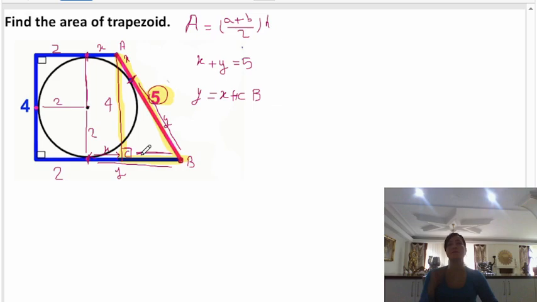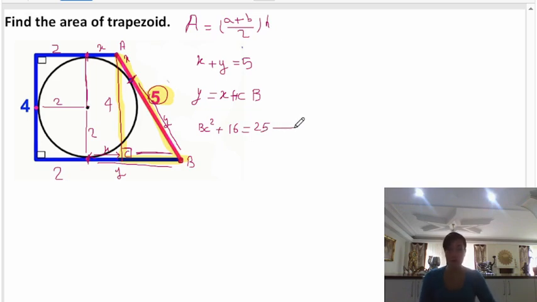So I can use the Pythagoras theorem to find BC. I say BC to the power of 2 plus this side to the power of 2, that means 4 to the power of 2, which gives me 16, equals the hypotenuse to the power of 2, which gives me 25.